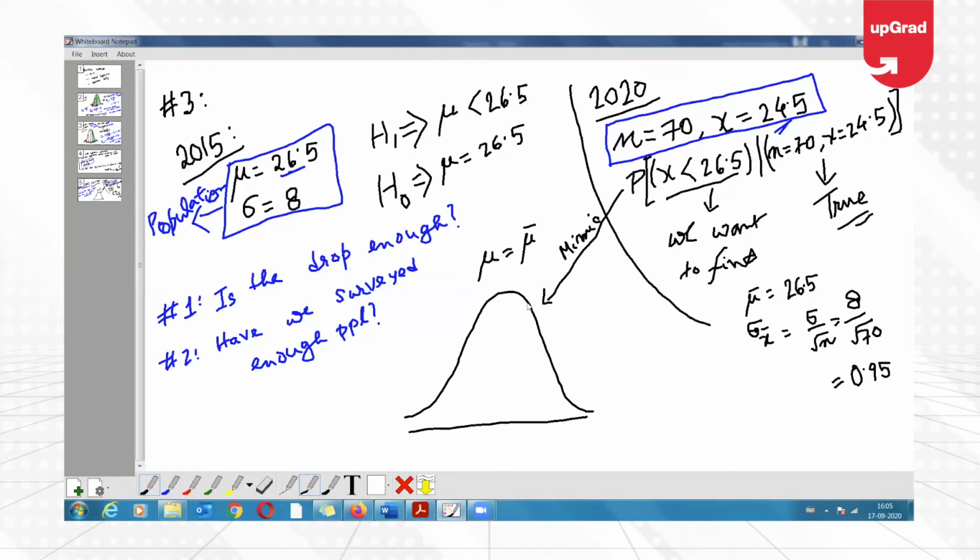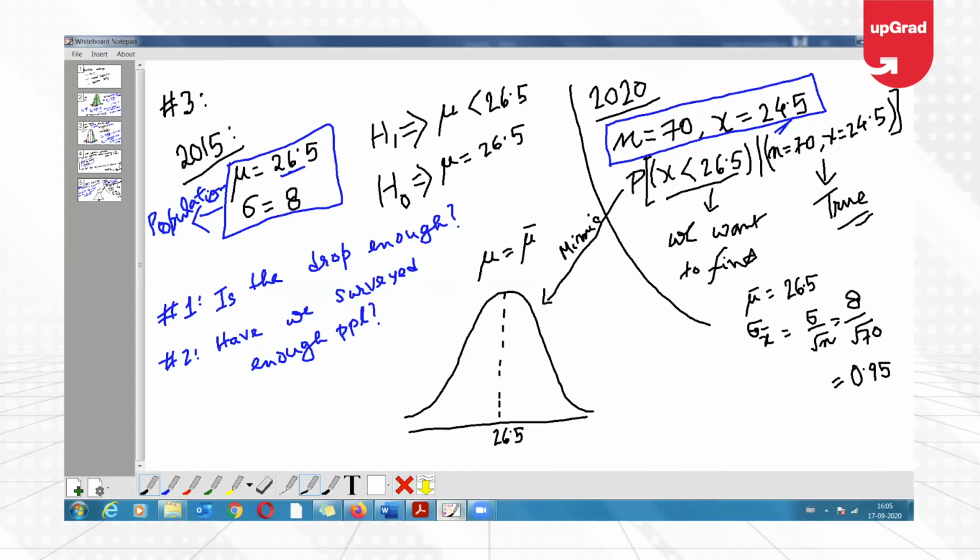I'm just trying to mimic it and see the chances of this statement being true. So according to this scenario, this is 26.5. That's my mu bar, and my sigma x bar is 0.95.